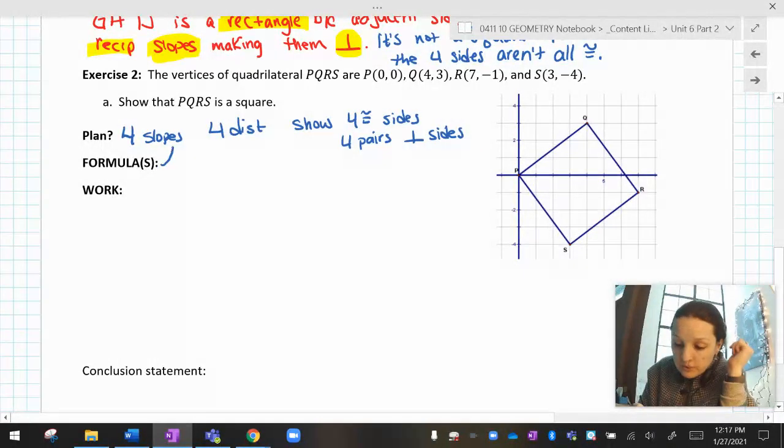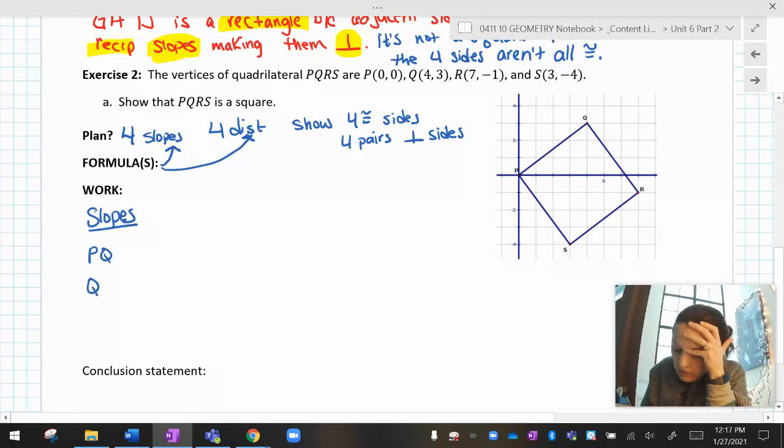So I'm going to use slope and distance formula. All right. And now I'm just going to do my work. Cool. So slopes. PQ, QR, RS, SP.